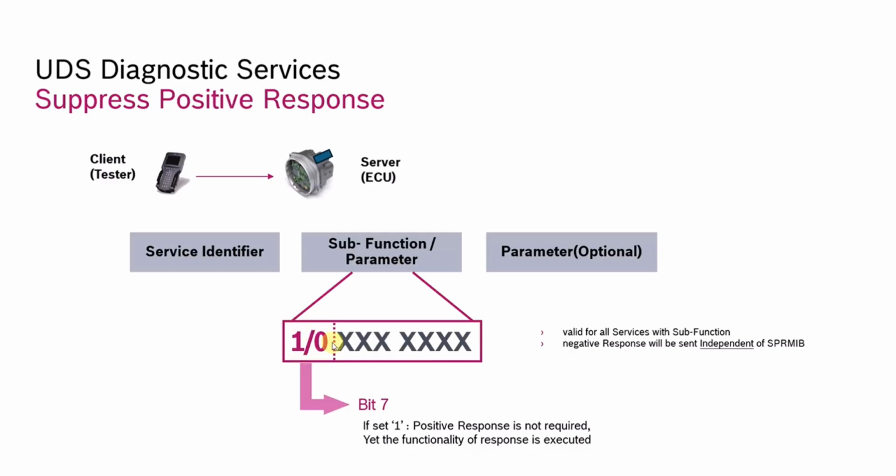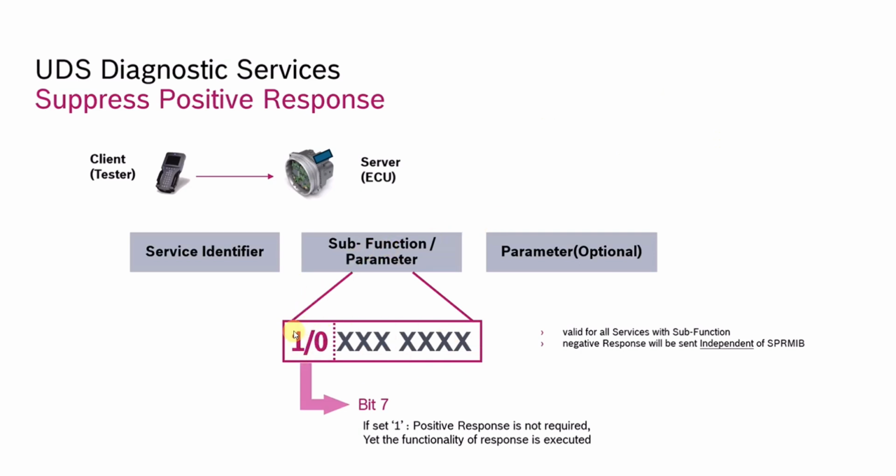Means 10000000, which is 80, I have to send. Service identifier, subfunction 80, parameter not applicable. If I send this service identifier and subfunction 80, then that particular job will be done, but I will not receive any positive response.